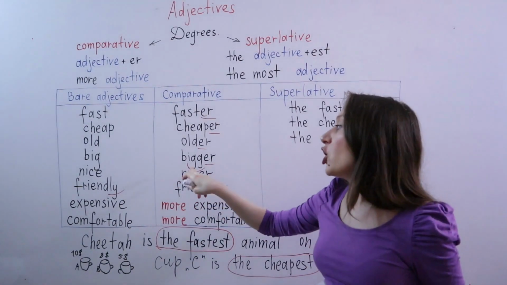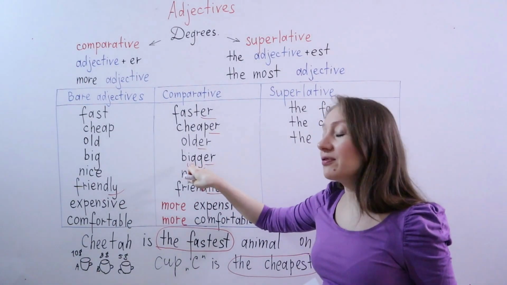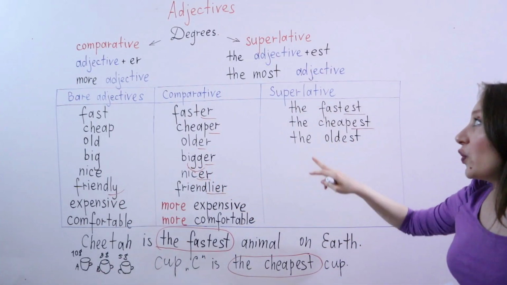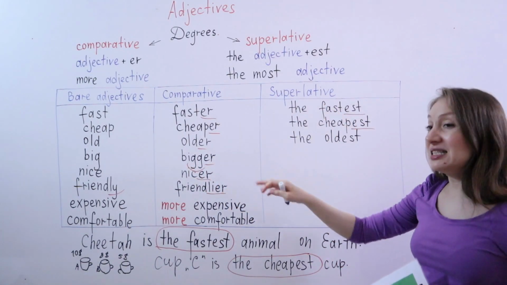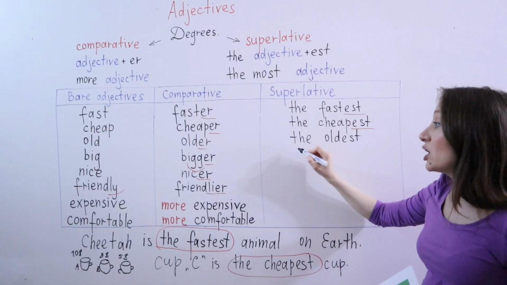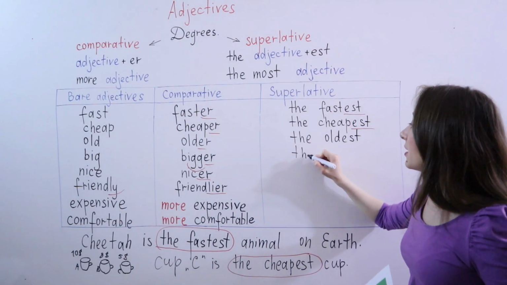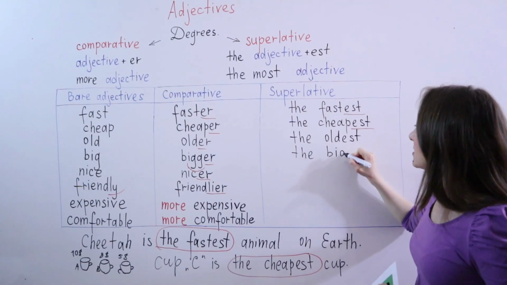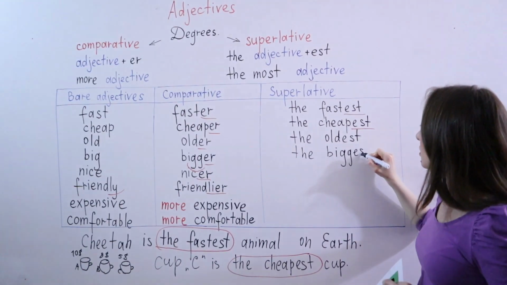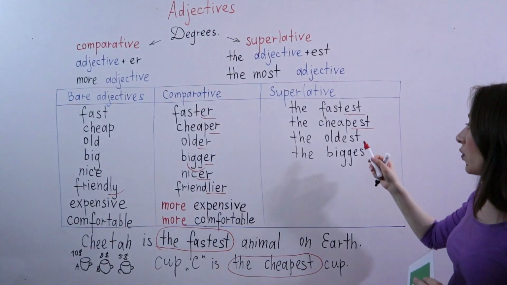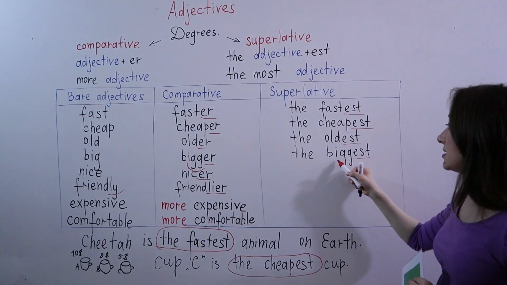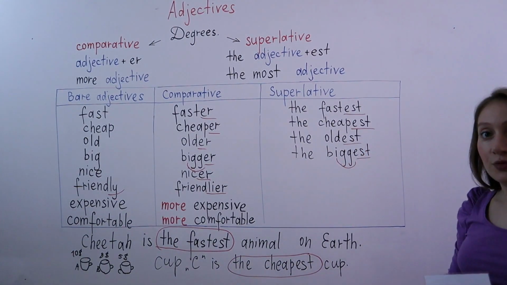Short adjective. We have the same rule of double consonants. So in the superlative degree, it's the same. The biggest with double G letter. The biggest, right? So est plus double G, right?